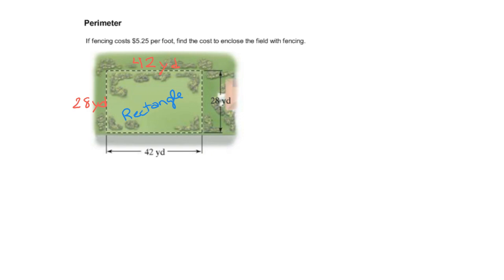Next thing we want to take a look at is that it's telling us a hint here with this title, perimeter. The perimeter is the sum of all sides. What that means is we have to add all the sides together. And that will tell us how much fencing we need. So the perimeter for this rectangle is going to be adding all sides.